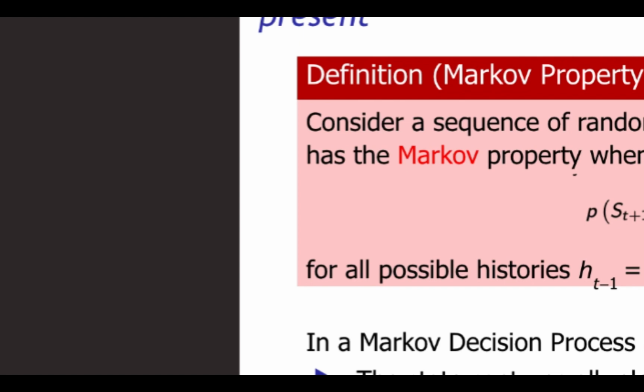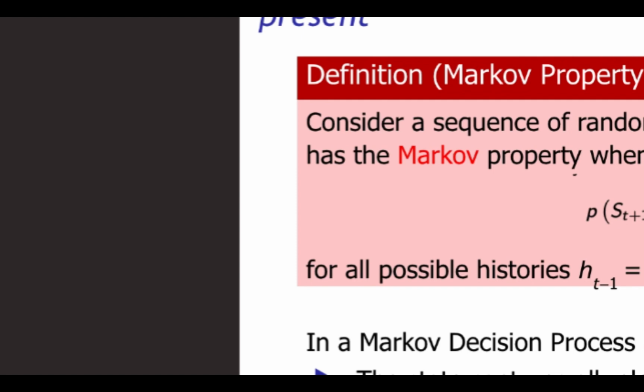In the second case, for instance, it says the probability of the next state given the current state and action is equal to the probability of the next state given the history of states, consecutive states, and the action at time t.